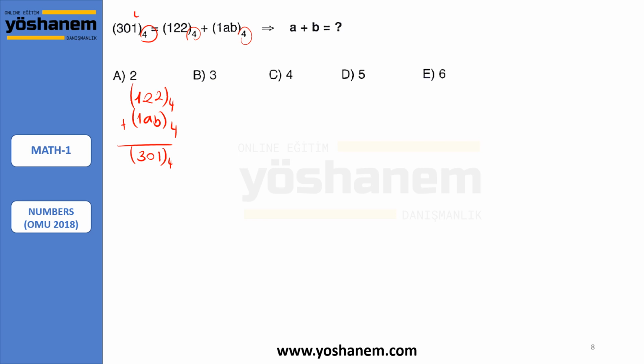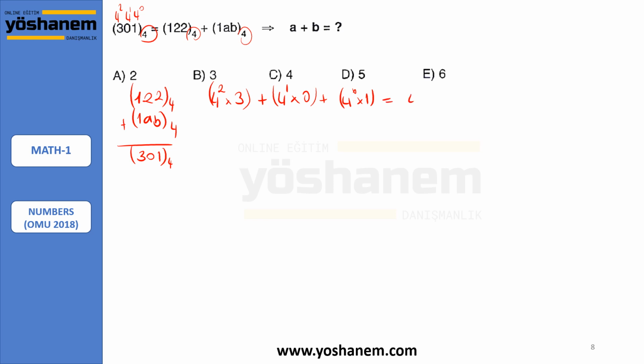So it's 4 to the 0 power, 4 to the first power, and 4 squared. I'm gonna multiply by each, okay? 4 squared times 3 plus 4 to the first power times 0 plus 4 to the 0 power times 1. If you want, you can write it in parentheses, okay?